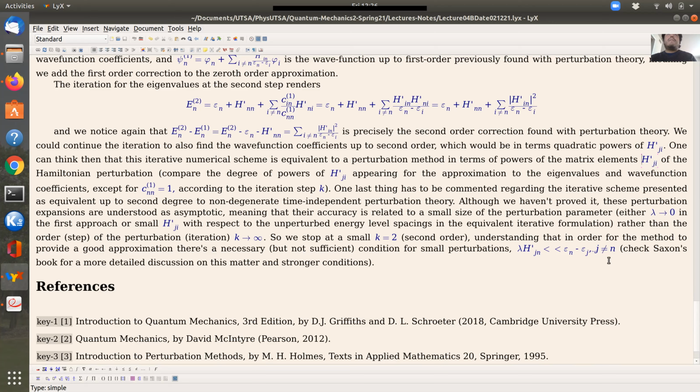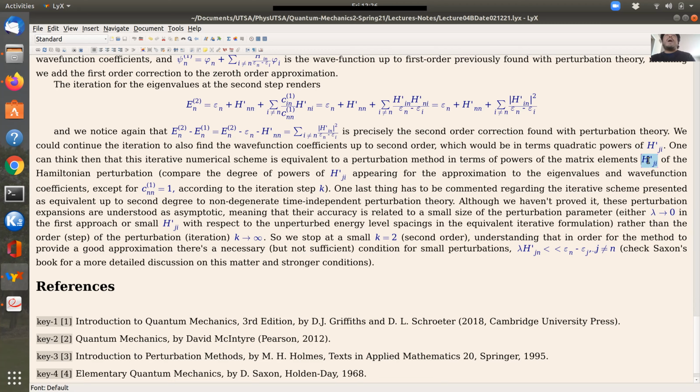And so that's the explanation of why adding the lambda parameter keeps track of the order, right? Because in this case, it would be a factor of the H prime matrix, and therefore the powers of the matrix coefficient will show powers of the lambda parameter. So you can think in both ways equivalently.